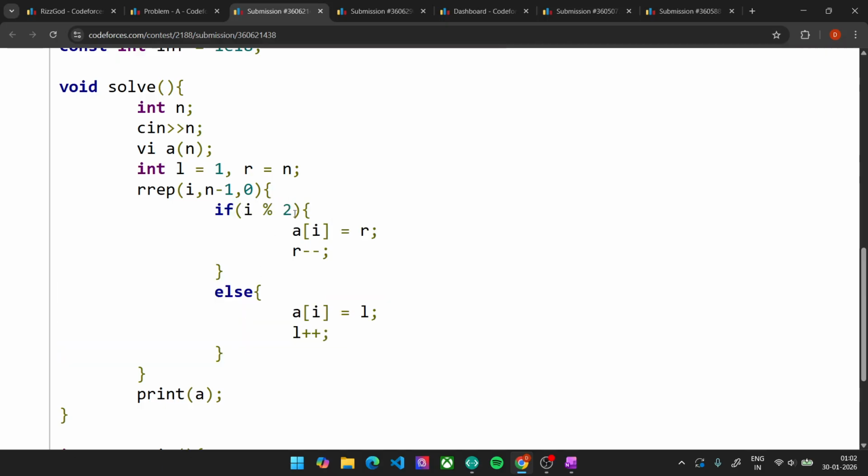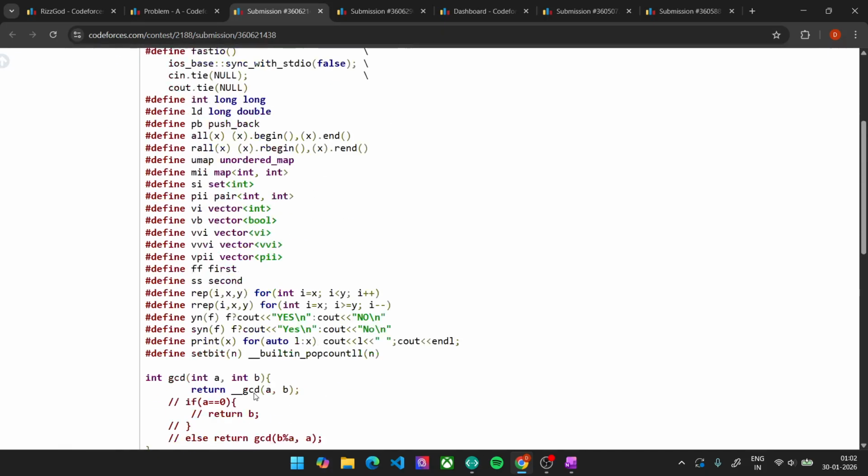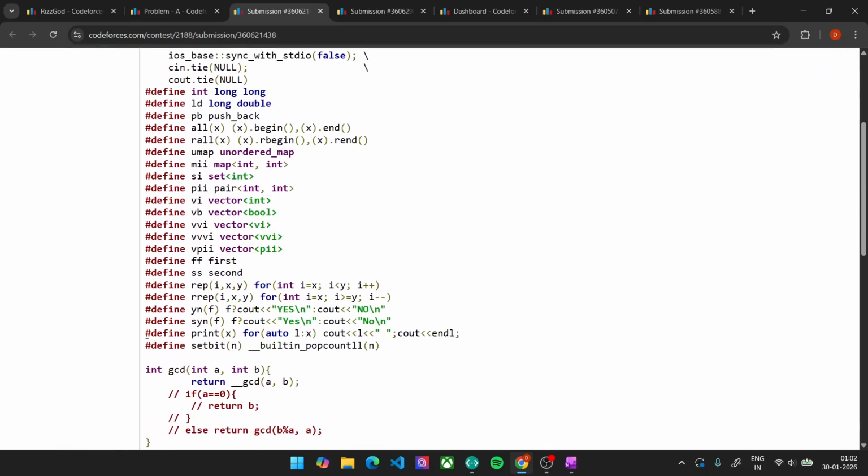If the parity of the index is odd, then I'm using my right boundary, R, and then decrementing R. Otherwise, I'm using L and then incrementing L. In the end, I'm just printing my whole array.